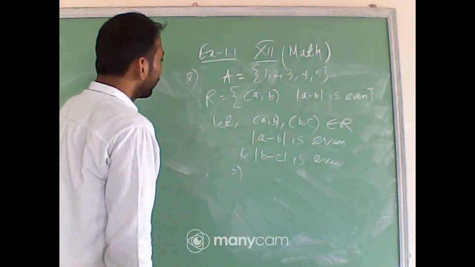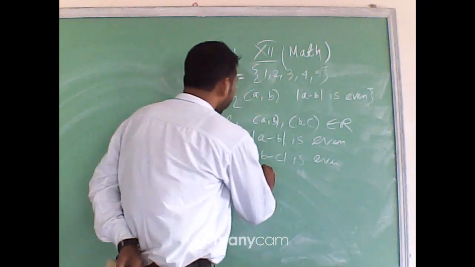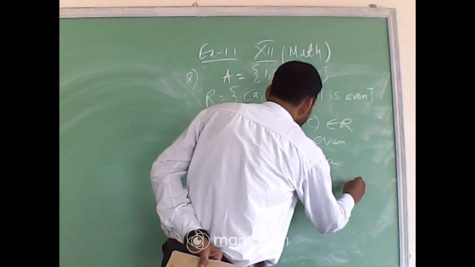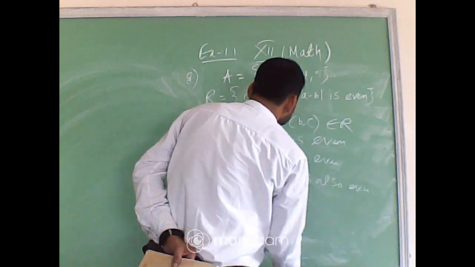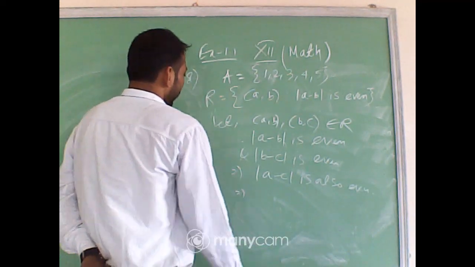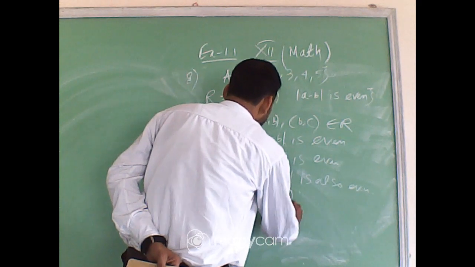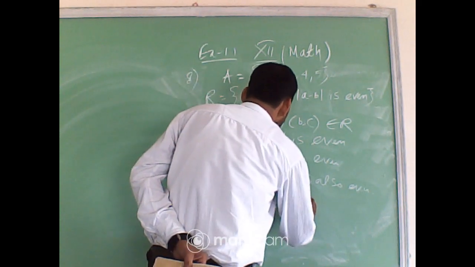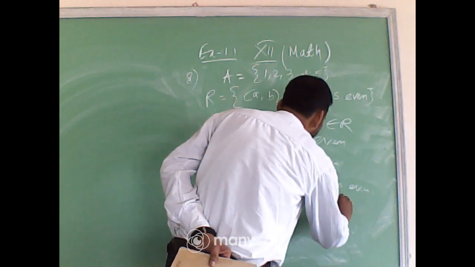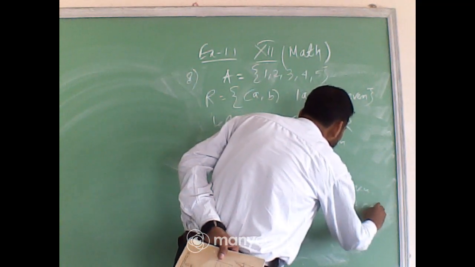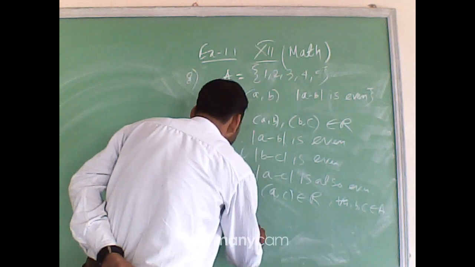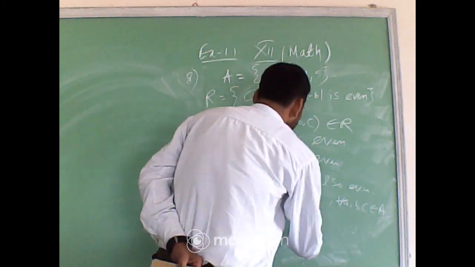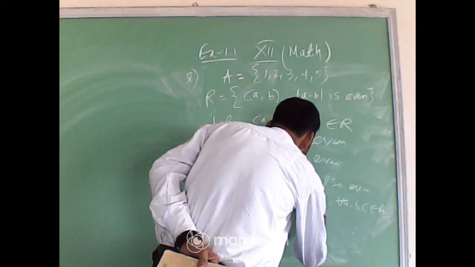So from here we can conclude |a - c| is also even. So combining (a, b) and (b, c) we get the ordered pair (a, c) that also belongs to R for all a, b, c belongs to A. Therefore, R is transitive.